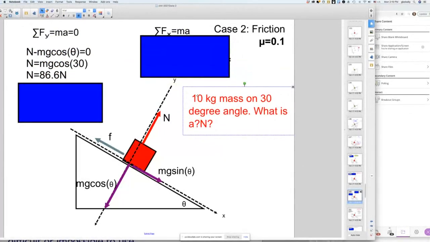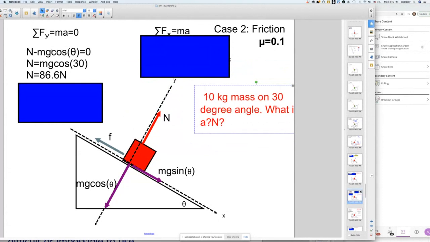So the mass is given. If you put in the mass, 10 kilograms, angle 30, you get 86.6 Newtons as the normal force.